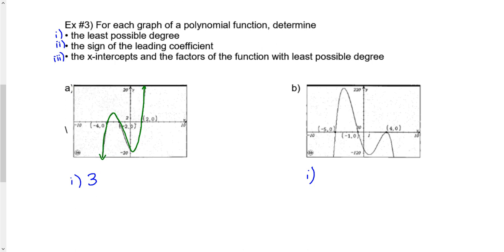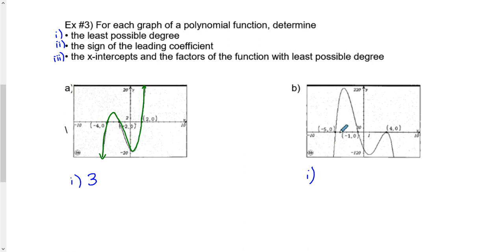The degree overall talks about the maximum amount of x-intercepts. No matter where I move this graph, either up or down, the maximum amount of x-intercepts is 3. There's 3. There's 1. But the maximum amount is 3.